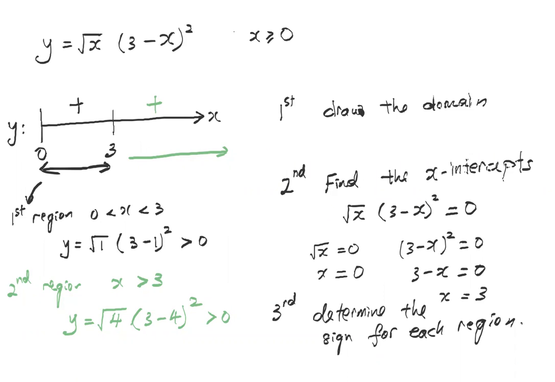So understand? Okay. Now I want to show you how to draw the sign diagram for dy/dx. Same thing also. So now I have my dy/dx. This is my function for dy/dx: (3 - x)(3 - 5x) over 2 square root of x.